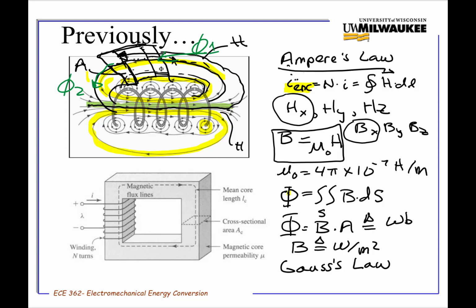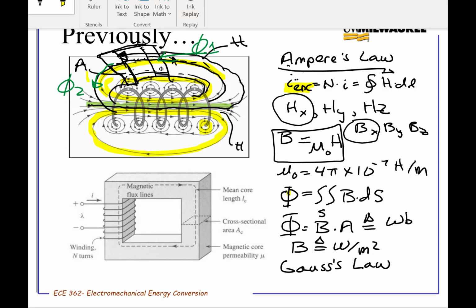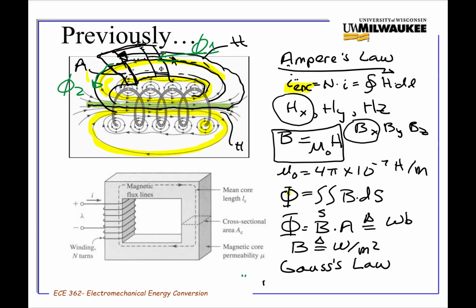That's really what Gauss's law is saying. So Gauss's law is saying mathematically that the closed surface area integral of B dot ds equals 0. And that really also means that the flux in, flux 1, is going to be equal to flux 2, the flux coming out of the surface area.